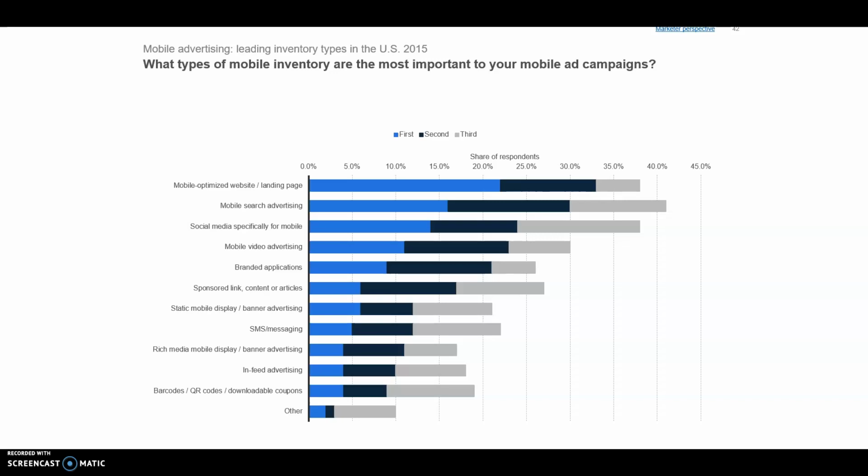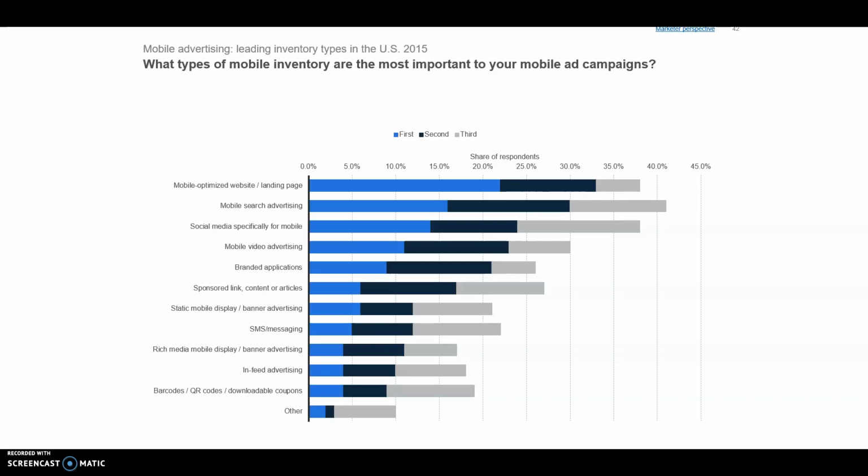There was an interview conducted a few years ago about what types of mobile inventory are most important to your campaigns. And of course, people want to make sure they have a website that's been optimized for mobile. A lot of people are doing search and social media, running video.